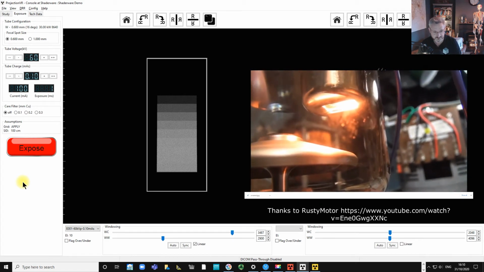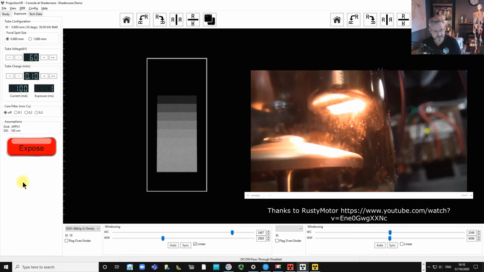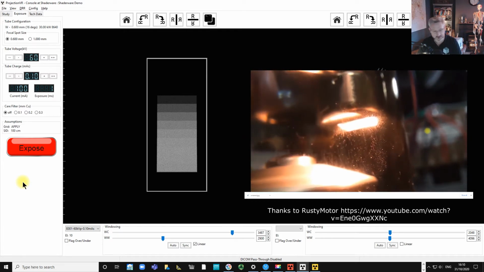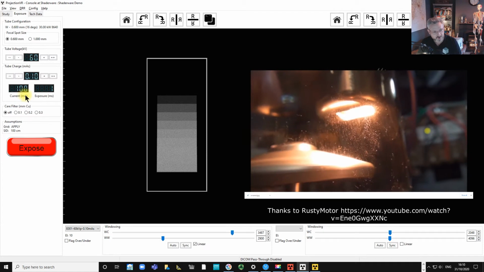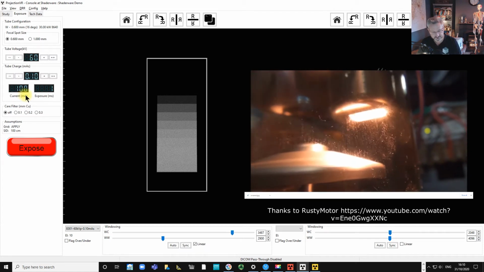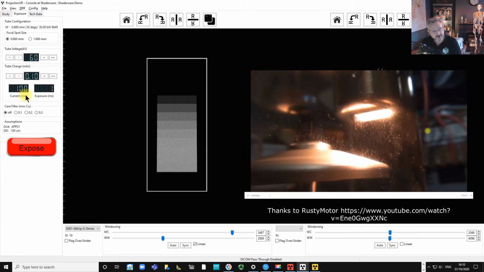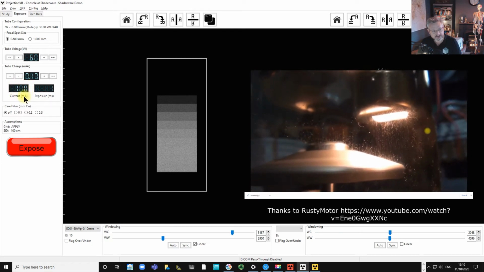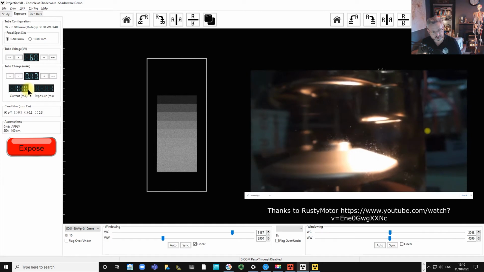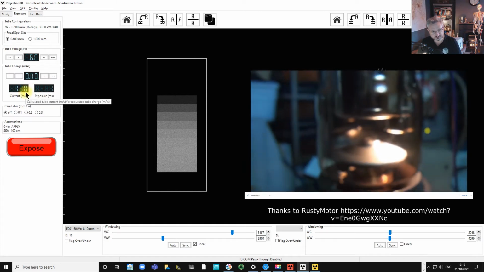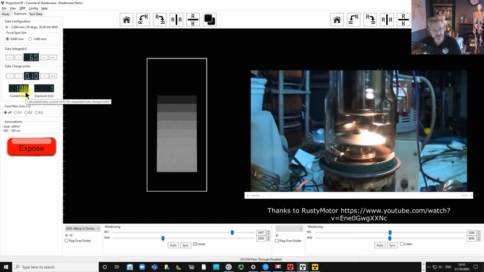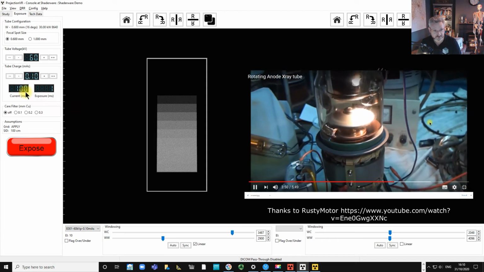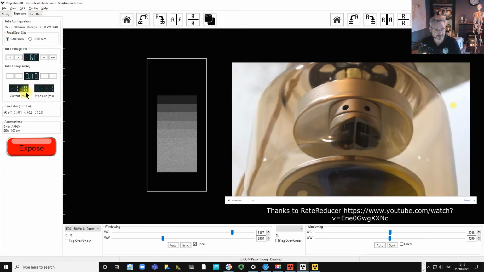Also, when you're holding it in prep, the system knows how much it needs to heat the filament to get a current of 100 milliamps to cross the tube. Okay, so it will start to boost the filament up to a certain filament current.